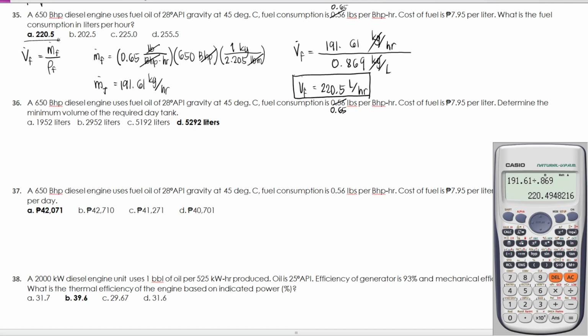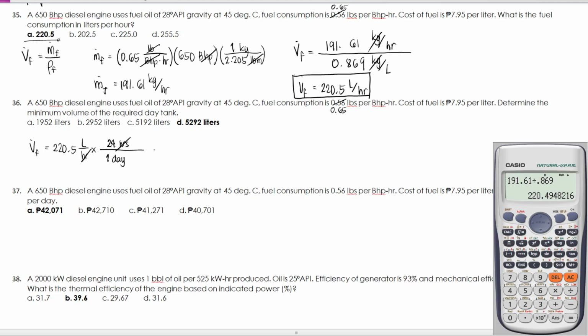So, dito naman ang hinahanap natin ay minimum volume of the required day tank. So, kumbaga ay volume flow rate pa rin. Yun nga lang, this should be in per day na. Okay? So, kumbaga ito, conversion na lamang. Mula din sa na-compute natin at problem number 35, that is 220.5 liters per hour, ko-convert na lang natin sa liters per day. Okay? So, we all know naman that for every 1 day, that is equivalent sa 24 hours.